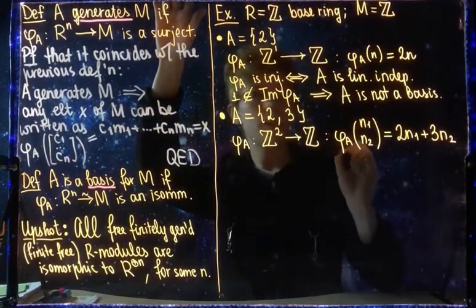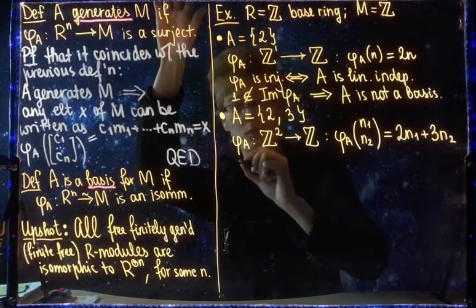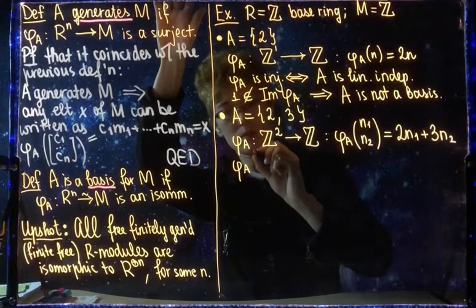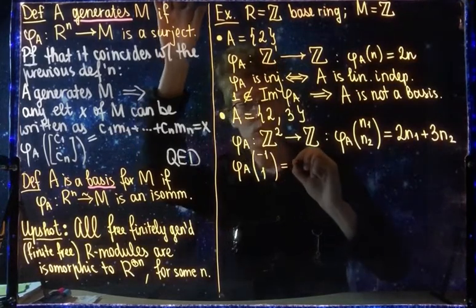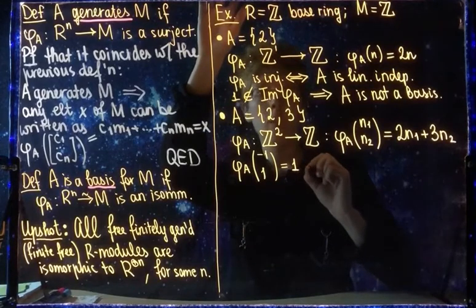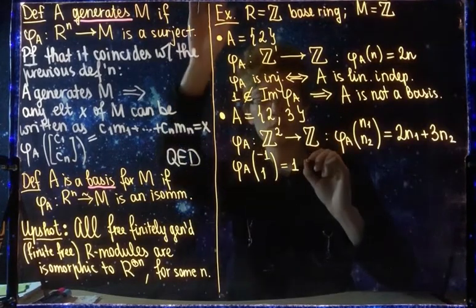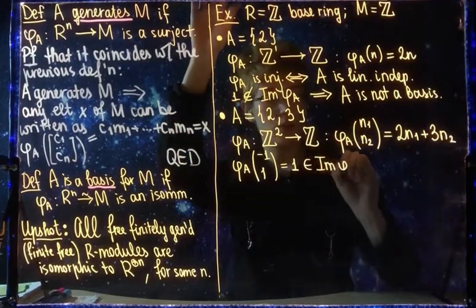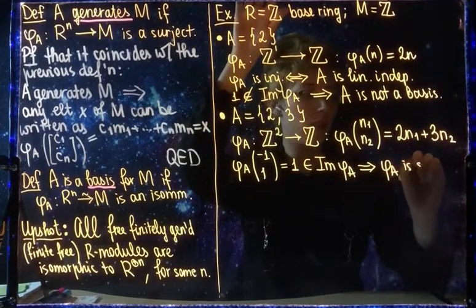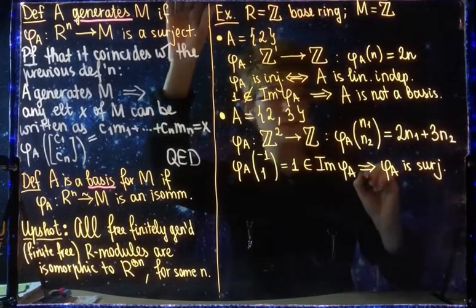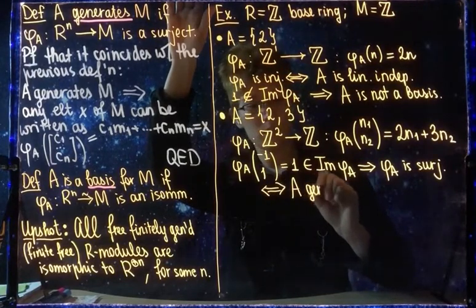And we can show that phi A is surjective, because phi A of (-1, 1) is equal to 1. So by multiplying by any integer, we can get any integer in the image. So this lies in the image of phi A. So phi A is surjective. So it generates, so A generates Z.